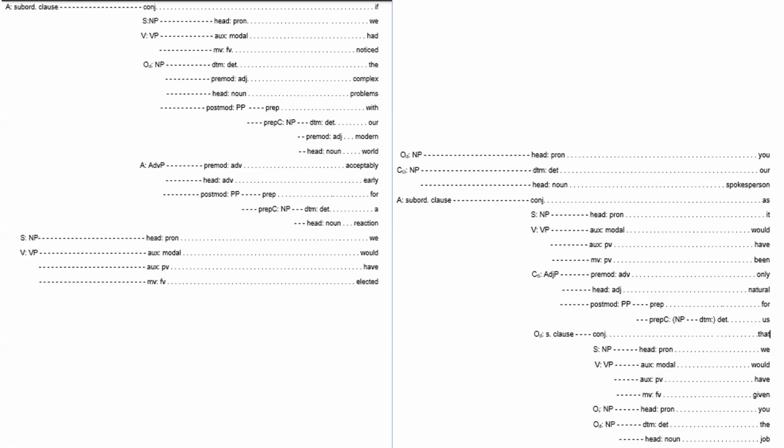It's really important to have the head underneath the pre-modifier and the determinative, to have the functions of the same level above each other, and so on and so forth.